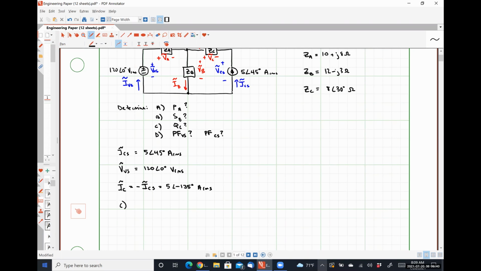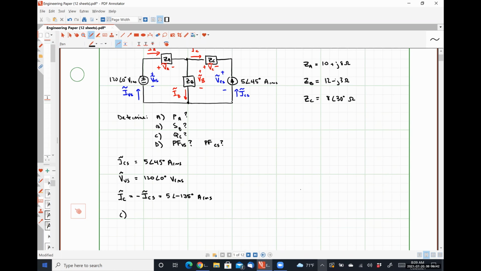pretty easily here. I don't have my notes from last time handy, so I will derive it super quickly. The complex power SC is going to be VC times IC conjugate, which is going to look like the magnitude of IC squared times ZC.